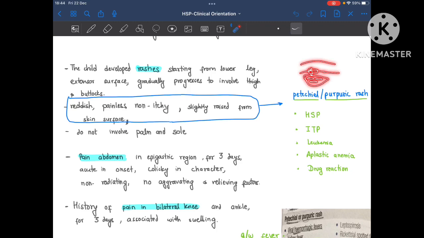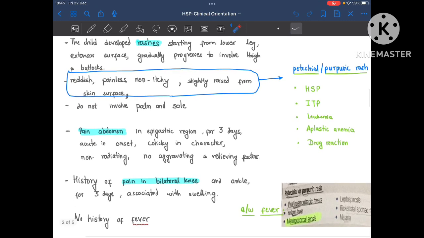This deposition of RBCs creates the petechiae or purpura. Petechiae is a lesion less than 0.5 cm and a lesion more than 0.5 cm is called purpura. Ecchymosis is a larger lesion, like a bruise. This is how the purpuric rash is formed in Henoch Schonlein purpura.